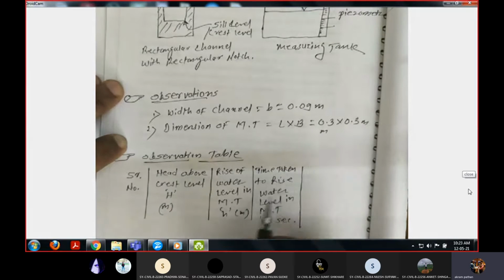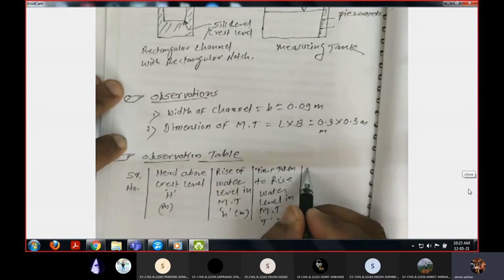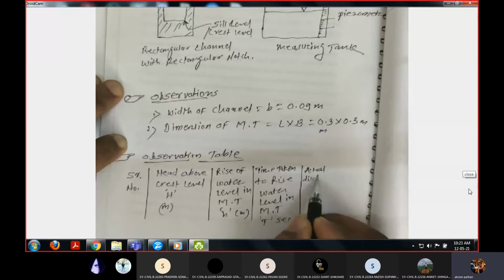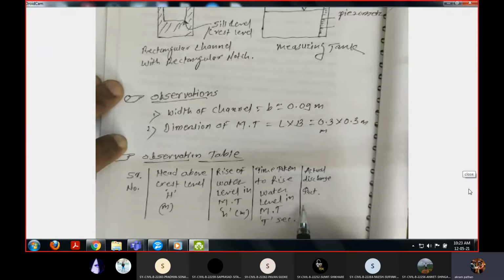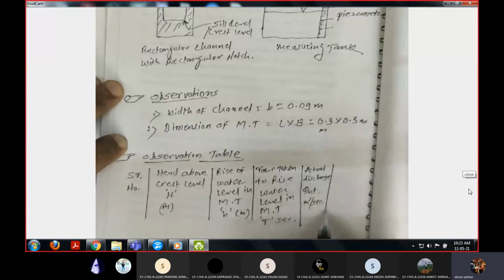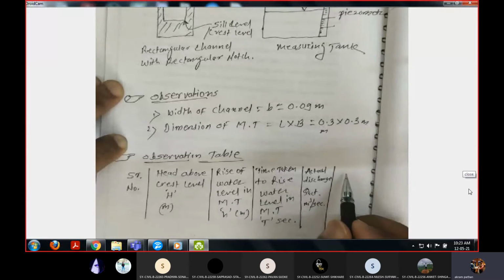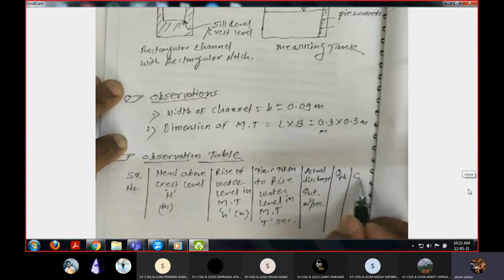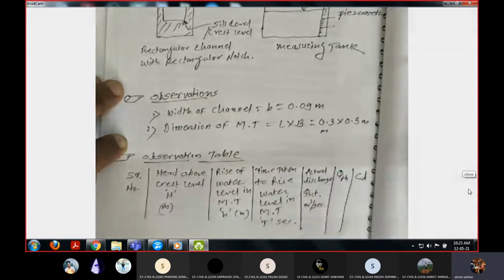Then the fifth column, actual discharge, that is Q actual in meter cube per second. Then the next column for Q theoretical discharge, and lastly we have to find the coefficient of discharge, that is CD.